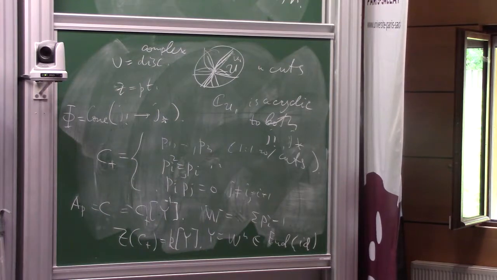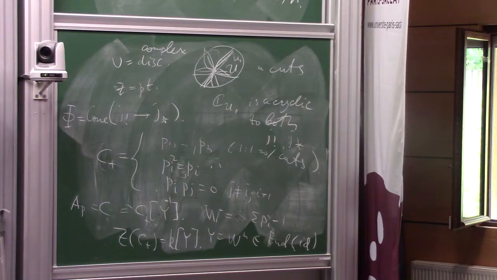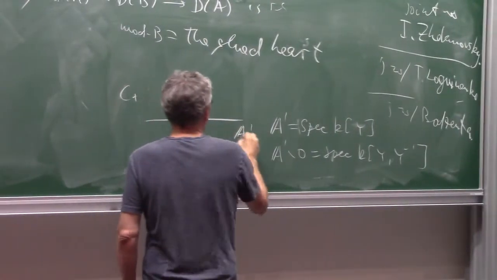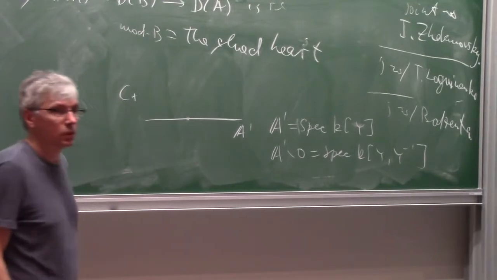Or if you invert Y, you remove 0 and consider the spectrum of K of Y, Y inverse. So our algebra C is a sheaf over A1, over an affine line, and C plus is a sheaf over this A1, and we can ask what this sheaf of algebras is.